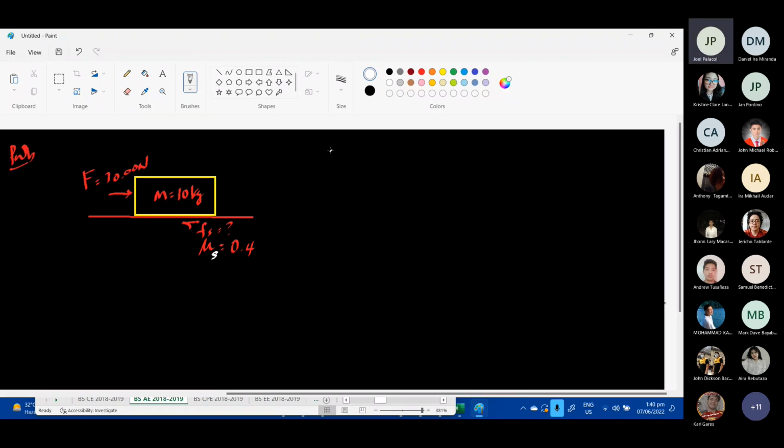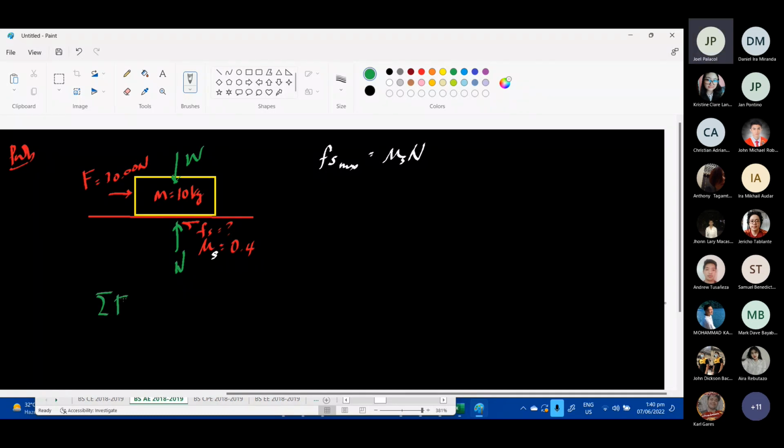Okay, what is the maximum value for the static friction? It is equal to mu times N, the coefficient of static friction times the normal force. What is the normal force in this case? The normal force N will be equal to the weight W of the block.